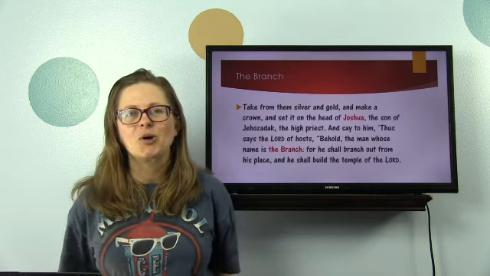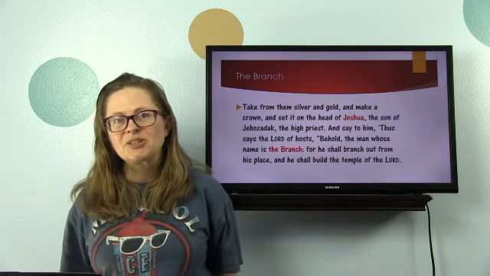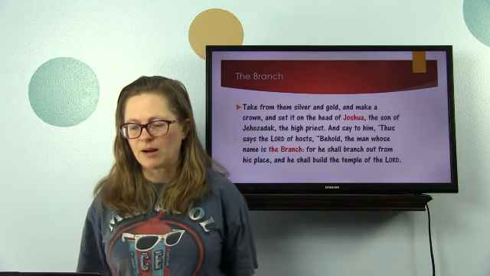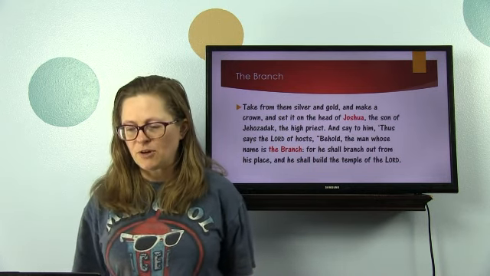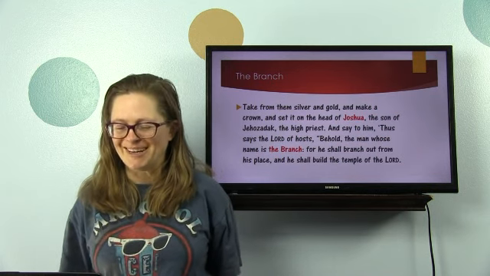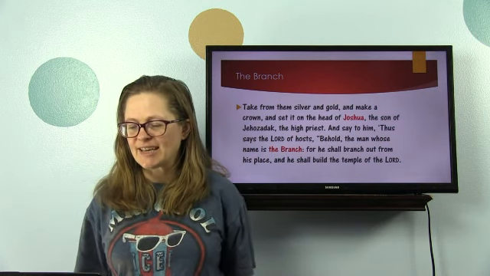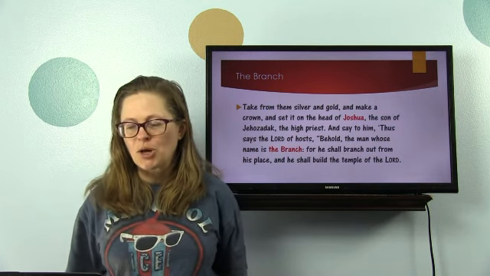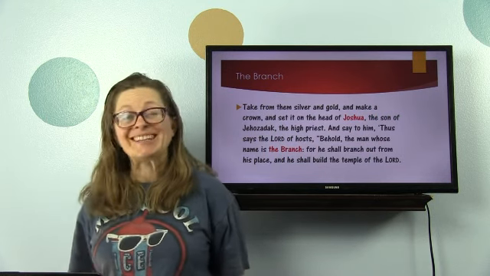Okay, so this is Zechariah 6:11 through 12. Take from them silver and gold, make a crown, and set it on the head of Joshua, the son of Jehozadak, the high priest. Sorry, I'm used to not pronouncing my J's. The son of Jehozadak, the high priest, and say to him, Thus says the Lord of hosts, Behold the man whose name is the branch.